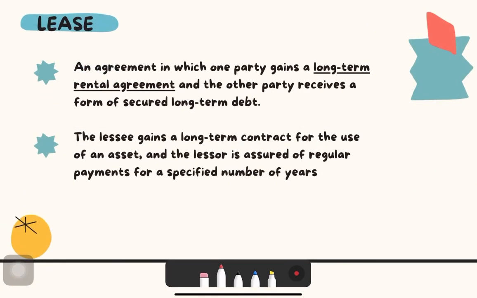Okay, next is lease. A lease is an agreement in which one party gains a long-term rental agreement and the other party receives a form of secured long-term debt. So the lessee gains a long-term contract for the use of an asset and the lessor is assured of regular payments for a specified number of years.